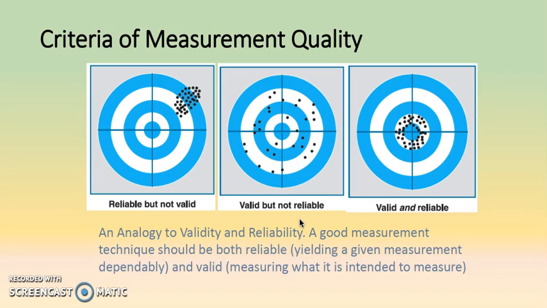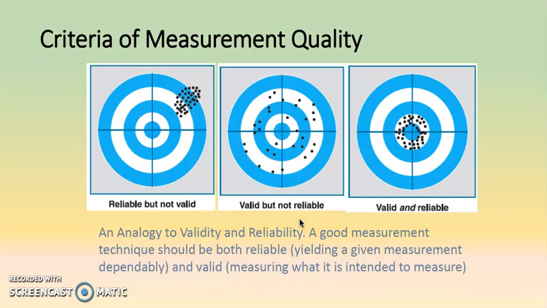Another way to think of it, and this will work for some people but might not work for others. When I first saw this, I was like, okay, what? I don't understand. But perhaps this bullseye drawing will be helpful for you. The first one on the far left: if the truth is the center of the bullseye, all of these arrows are far from the center.